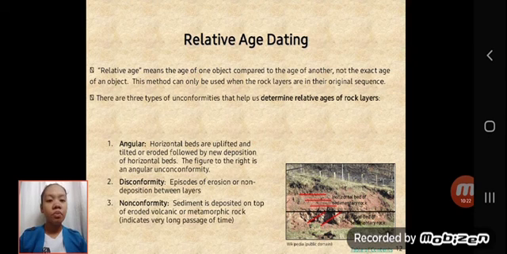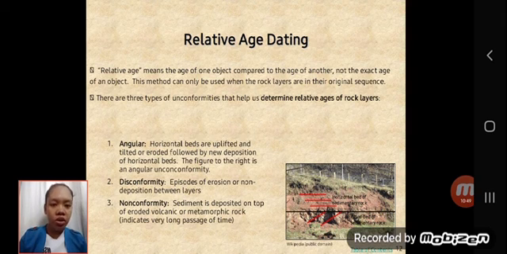So there are three types of unconformities that help us determine relative ages of rock layers: the angular unconformity, disconformity, and nonconformity. An angular unconformity is where horizontal beds are uplifted and tilted or eroded, followed by new deposition of horizontal beds. The figure to the right is an angular unconformity.